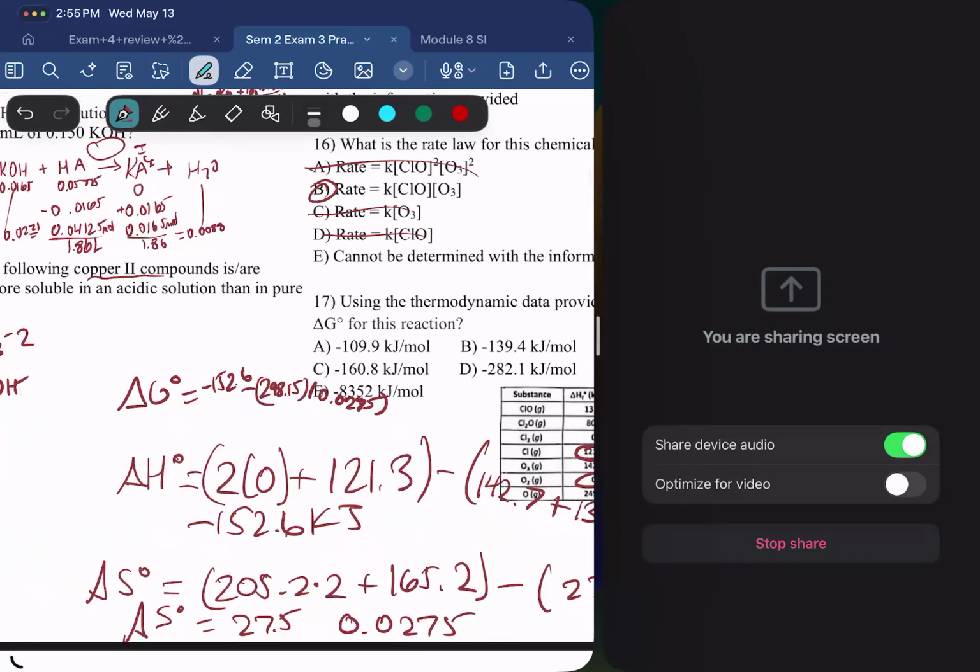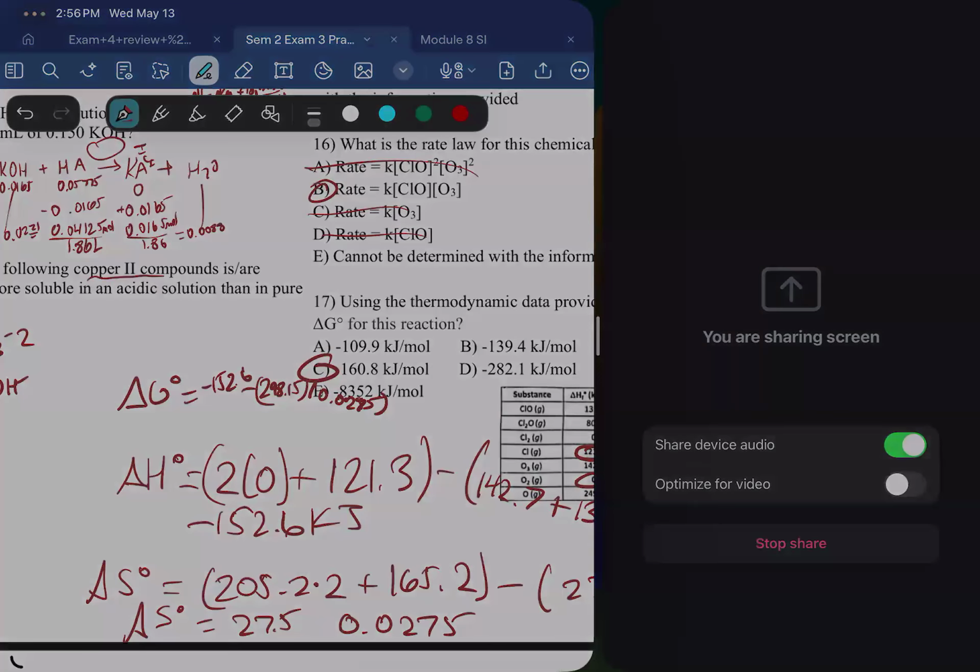So negative 152.6 for this value minus 298.15 times 0.0275. Yeah, and I got choice C.